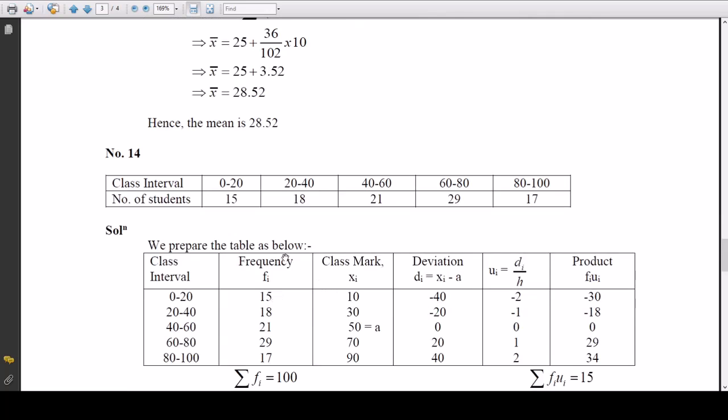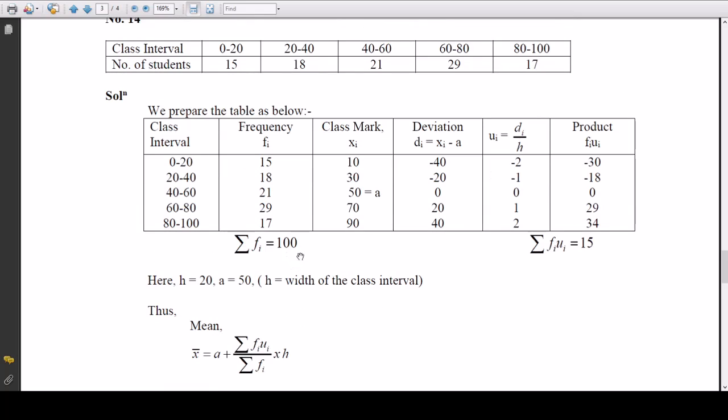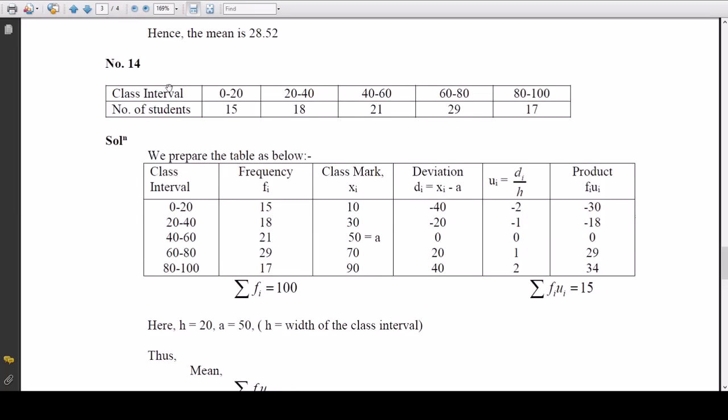Number 14. Here is the given class interval, here is the number of students, which is the frequency, and when we prepare the table, we'll just copy down the class interval and number of students, which is the frequency.